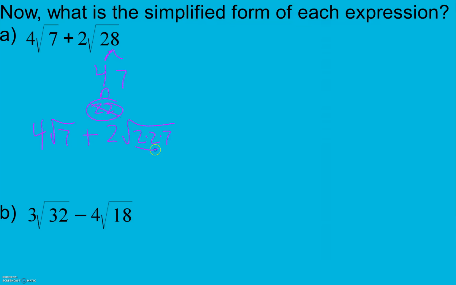Those pair of 2's can come out as a 2. So I have 4 square roots of 7 plus 4 square roots of 7. Again, I keep my square root part as the square root of 7, and I combine my number parts. 4 plus 4 gives me 8.